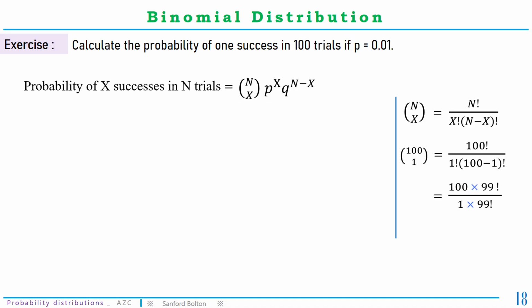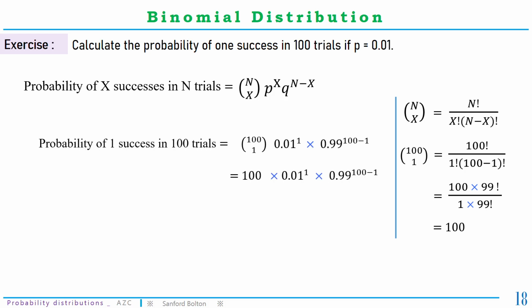To simplify factorial calculations, the core strategy is to expand the larger factorial of the numerator until it matches the smaller factorial in the denominator, allowing you to cancel them out. So, n choose x obtained is 100.